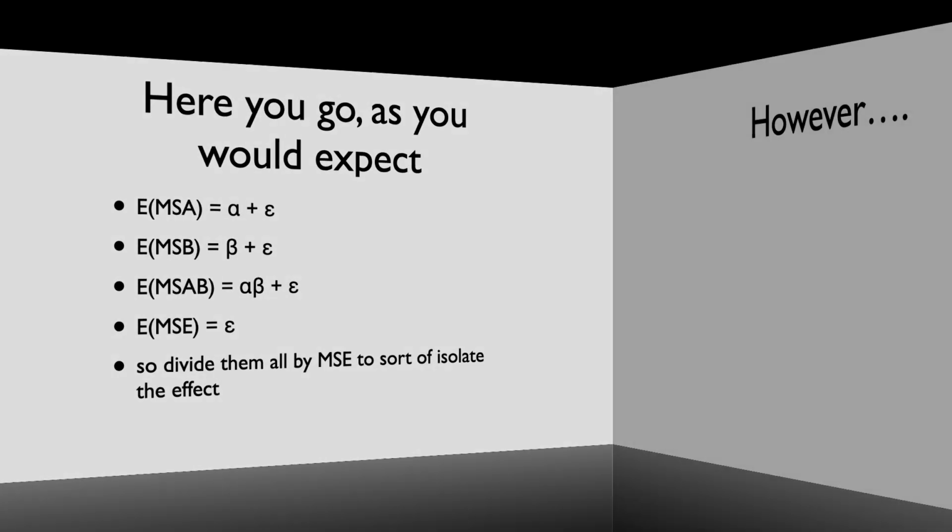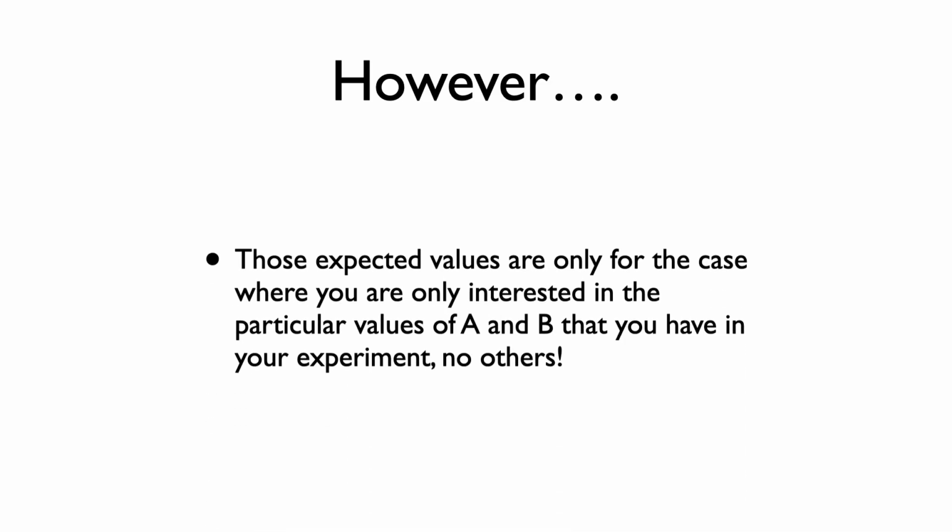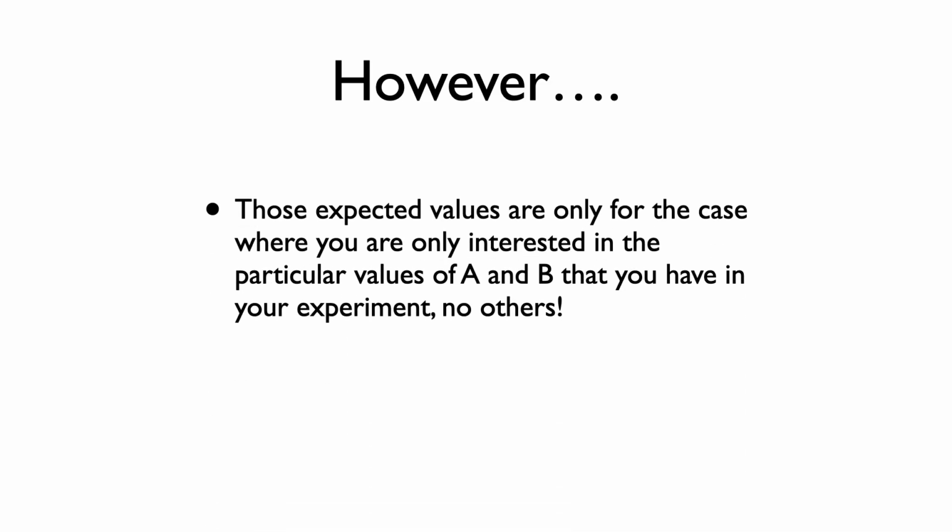Now, of course, that's why I stopped there, because it starts to get weird. That's why we stopped at this slide last time, because things get a little strange. Those expected values are based on a series of assumptions, like any other mathematical thing.